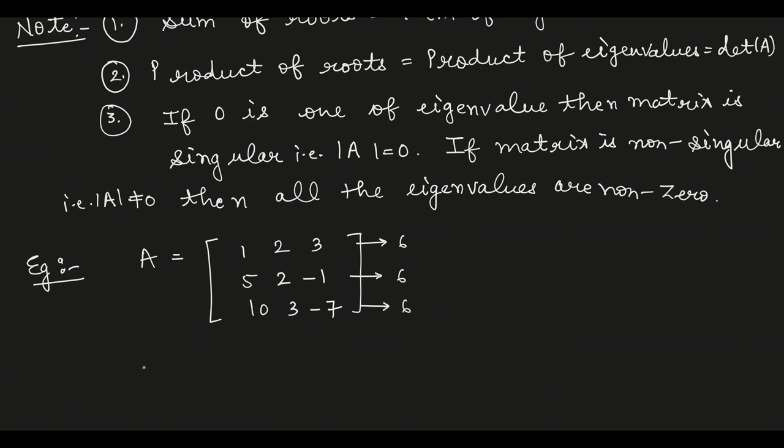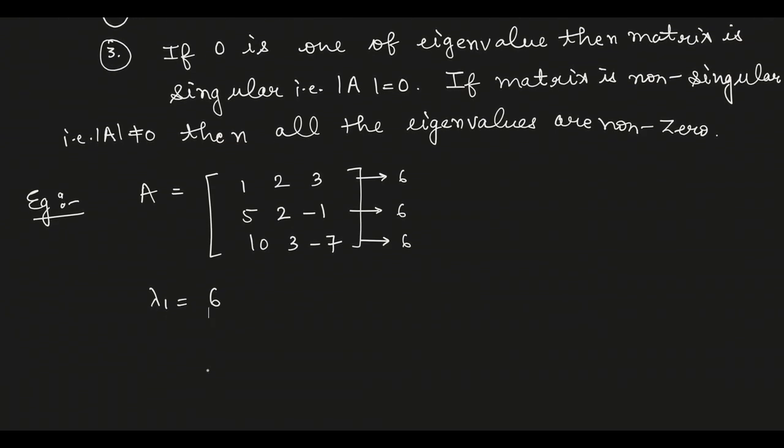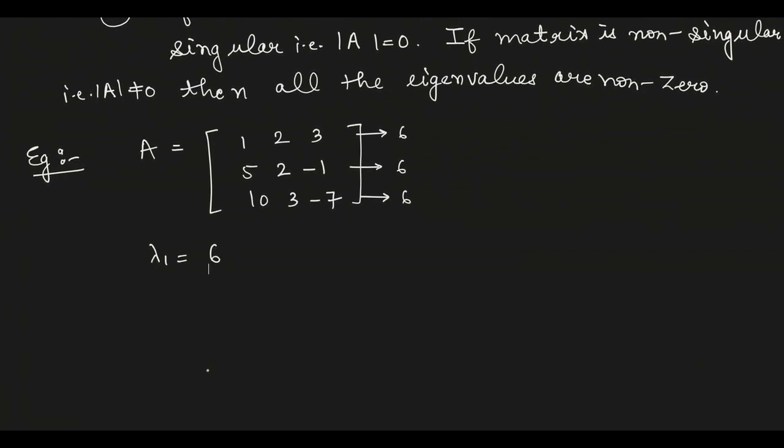So one of the eigenvalues is 6, right? And the rest can be computed by using trace and determinant.